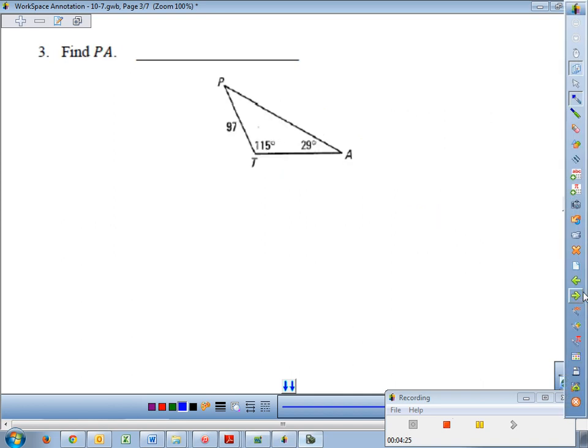Find the distance from P to A. Set it up for me. And how do you know that we have to use the law of sines to do this? One side provided, and it's not a right triangle. If it was a right triangle, use SOHCAHTOA. So why don't you pause the video and get that done for me?